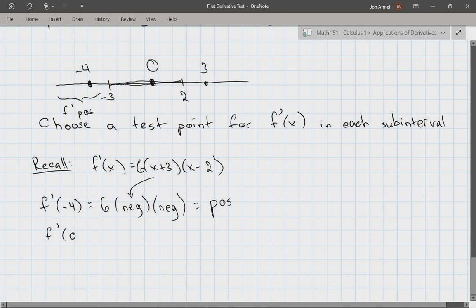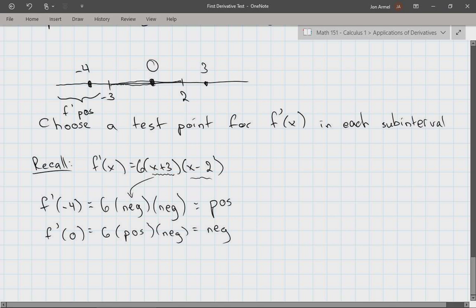Okay, so let's do f prime of 0. That's going to be 6 times, now when I plug into the x plus 3 part, that gives me a positive number. It's actually positive 3, but I don't care what it is. When I plug 0 into x minus 2, that gives me a negative number. So the result is a positive times a negative, and that is negative.